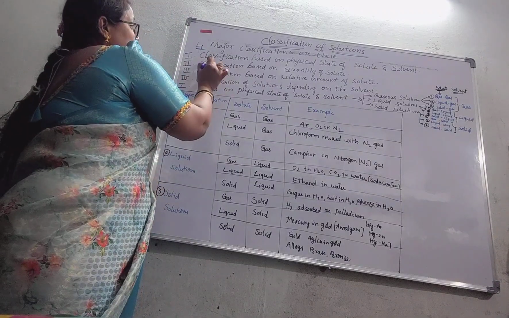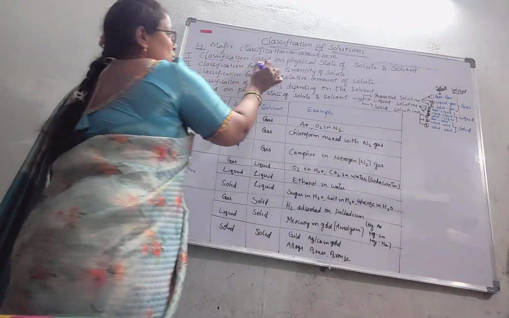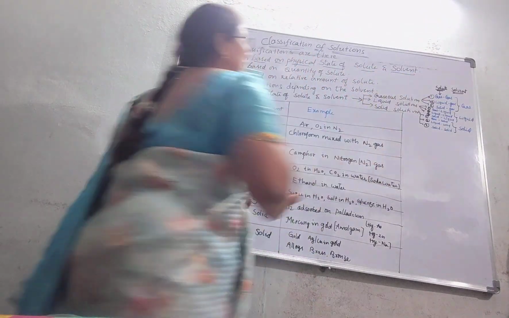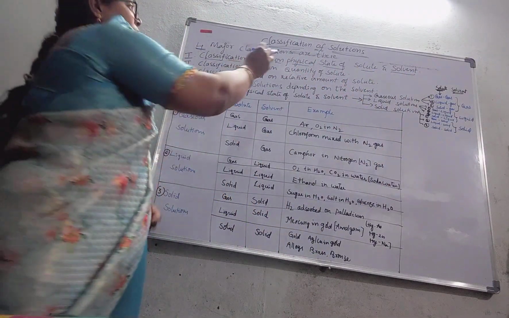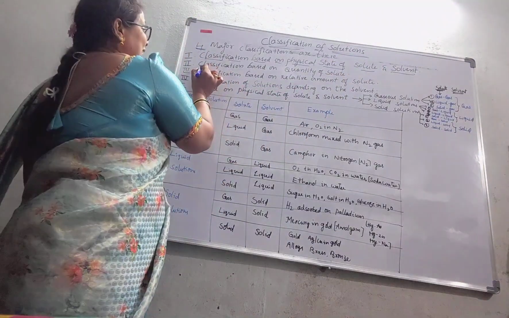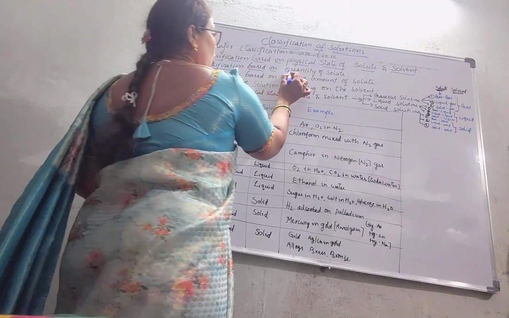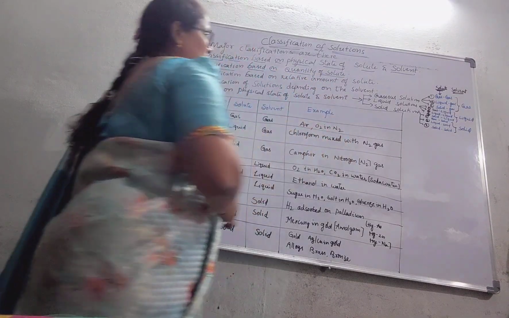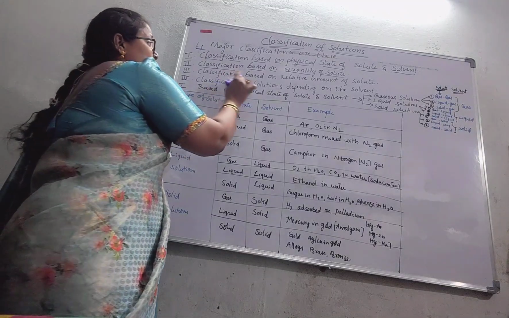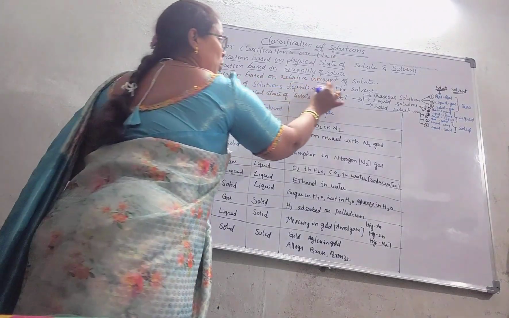The first one is classification based on physical state of solute and solvent. Then classification based on quantity of solute in the solution, that is the second classification. The third is classification based on relative amount of solute.